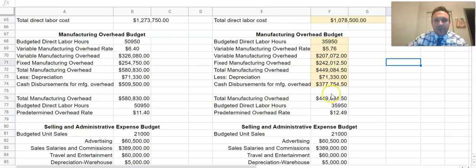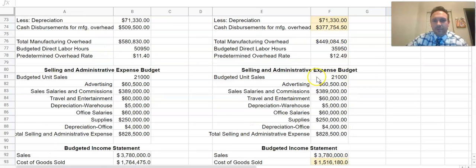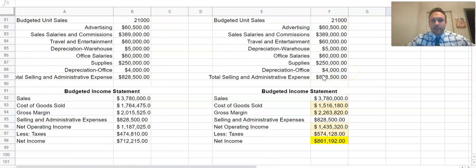We're going to move our numbers down here. Our selling and administrative expense budget remains the same. And then when we get to our budgeted income statement, our sales remain the same. A new cost of goods sold brings us to a new gross margin of $2,263,820.